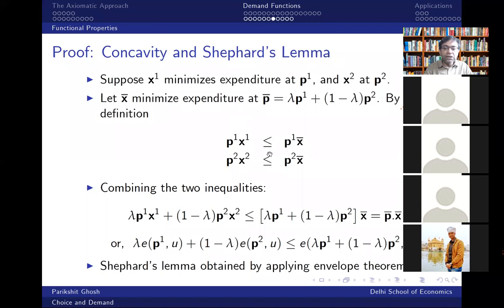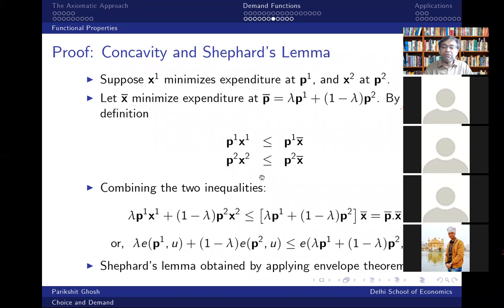Okay, now these two inequalities follow from definition, right? If the price vector is P1, X1 is less expensive, or at least no more expensive than X bar, because it is optimal under that price vector. When the price vector is P2, X2 is no more expensive than anything else, less expensive than everything else.